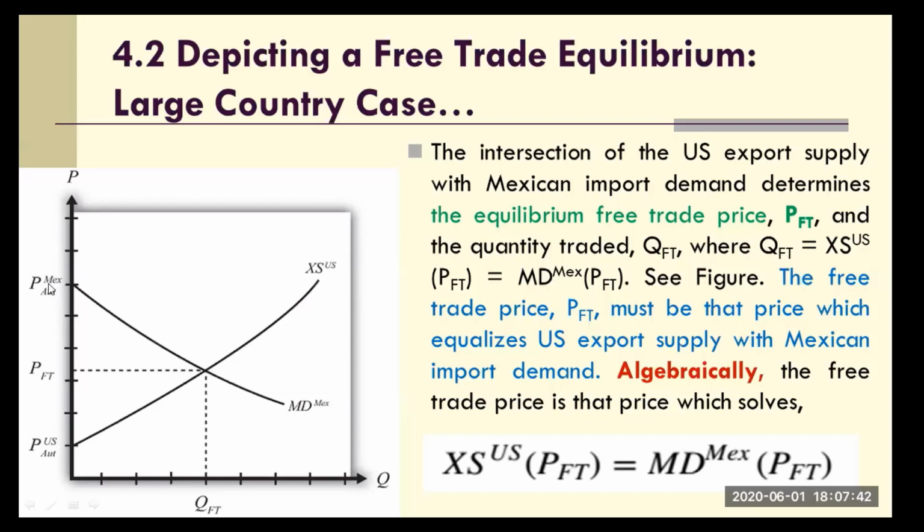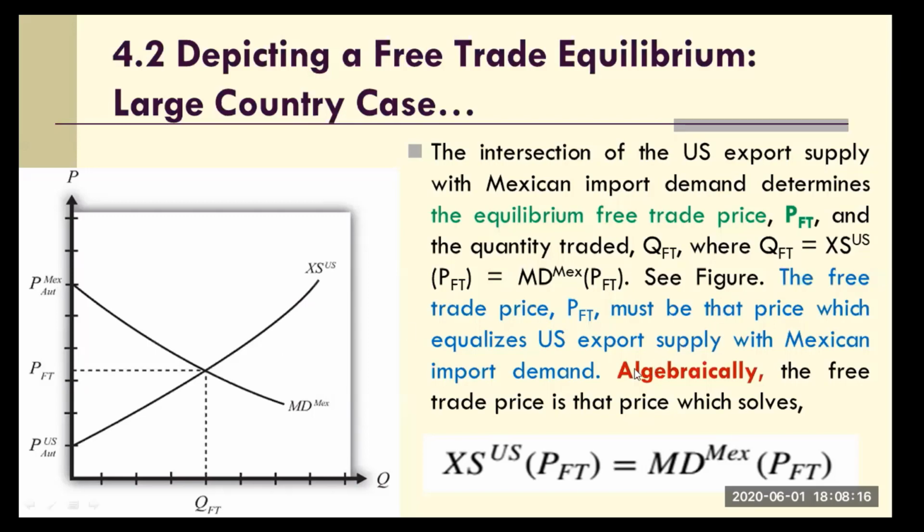This is the Mexican autarky price, or the local price, then declines to the midpoint. As we have already said before, the autarky or local price of the US is very low compared to the Mexican one. But to exchange a commodity, to make a trade, there must be a point of intersection that encourages both countries, supply by the US as well as demand by the Mexicans.